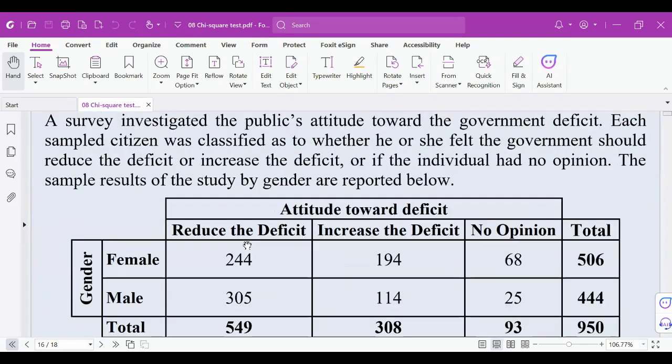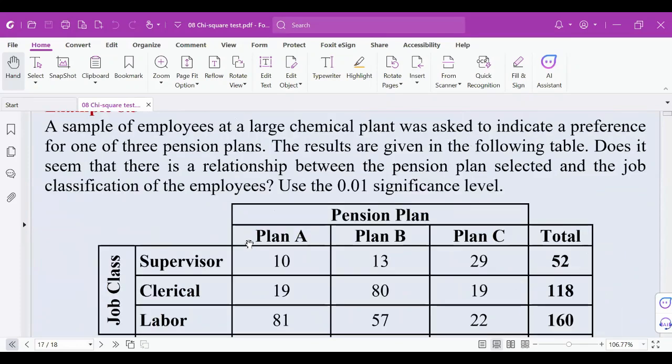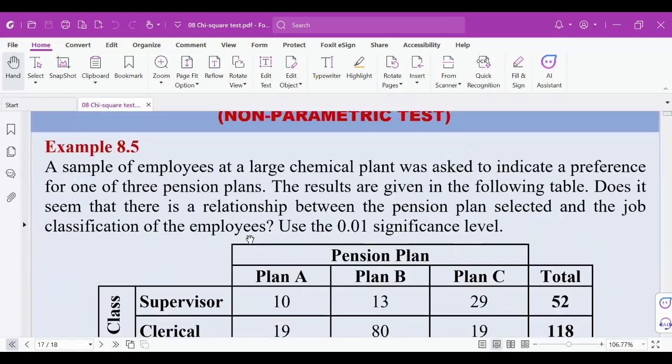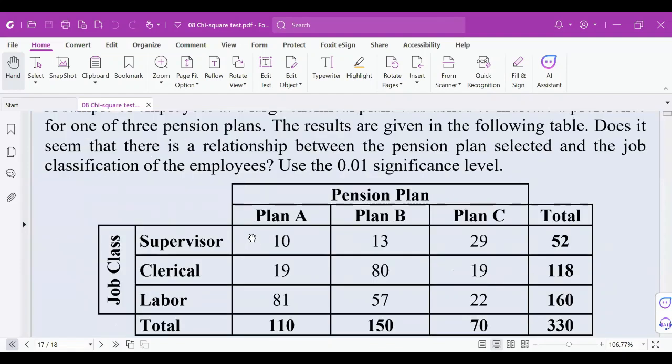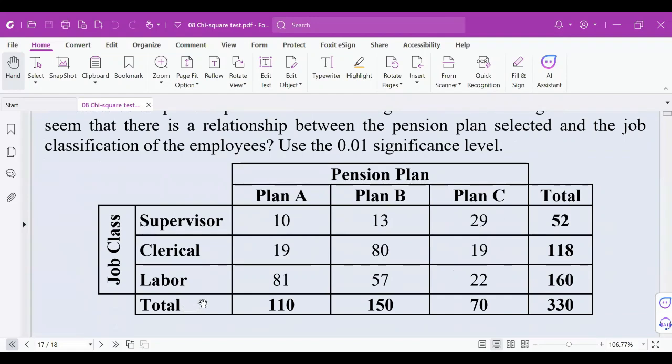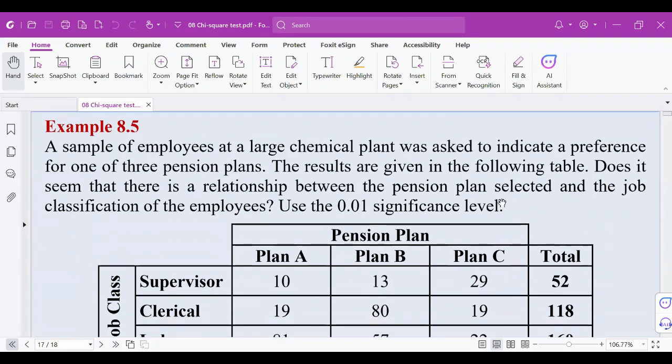Good. So we pick one of these as question 2. I think example 8.5 will be your question 2 for the exercise. Here we have 3 rows and 3 columns. You write your hypothesis.